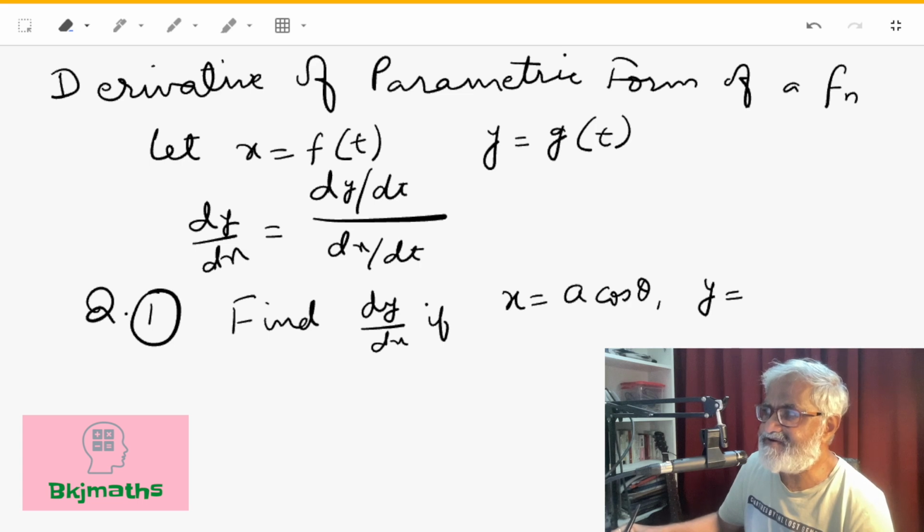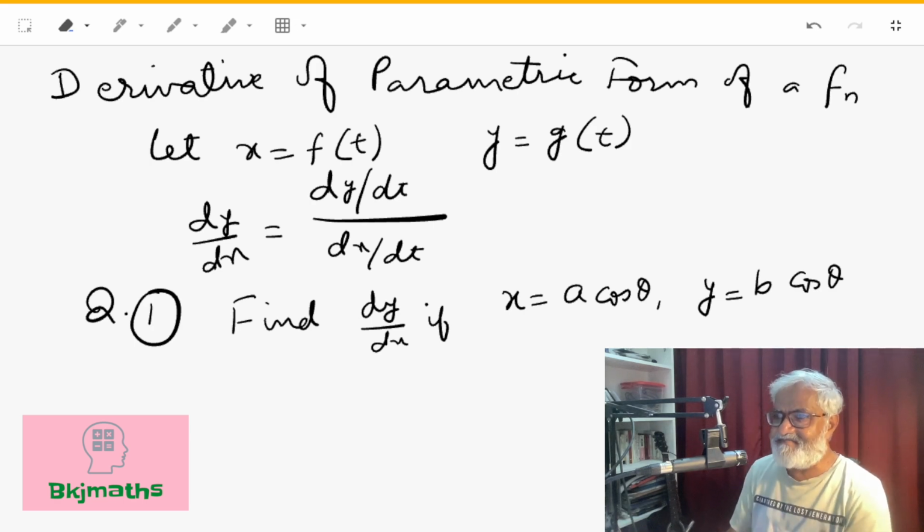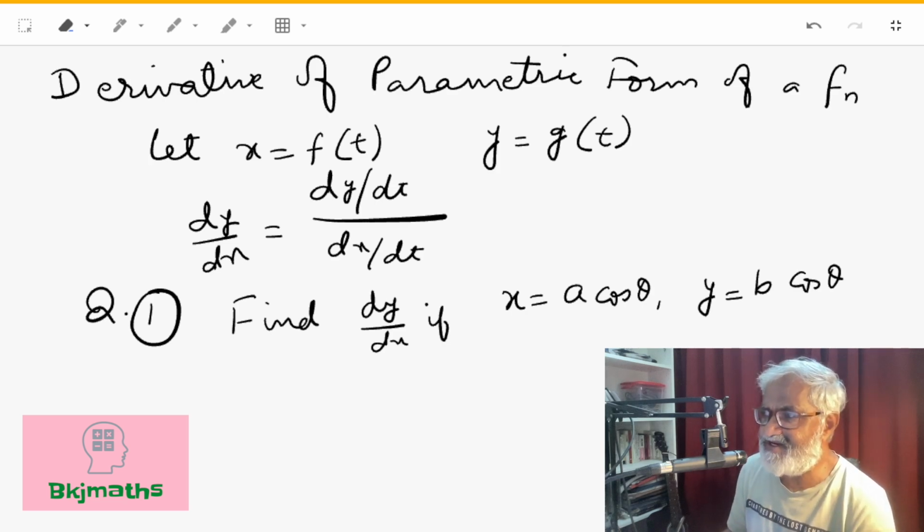So the first step, find dx by d theta and dy by d theta.